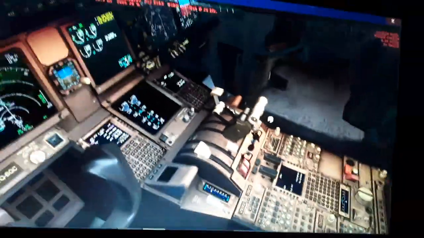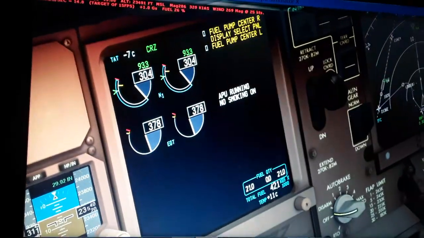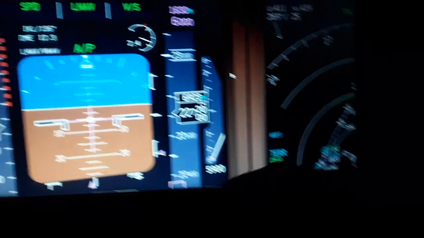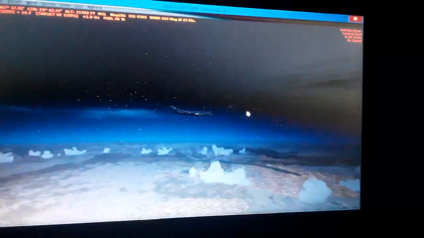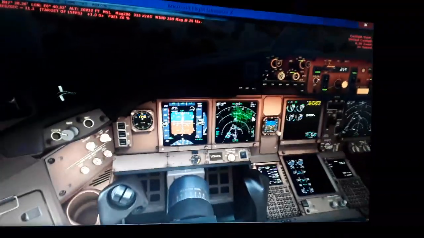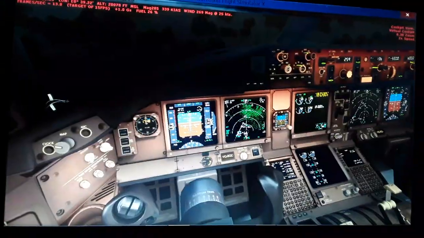This is also going to give us speed brakes extended and an idle thrust descent. As you can see, idle thrust for now. And this is going to be our descent flight path. So we're going to have around 5 more minutes for this flight, for this video to end.